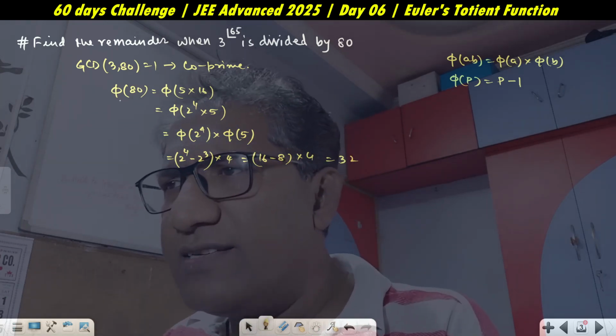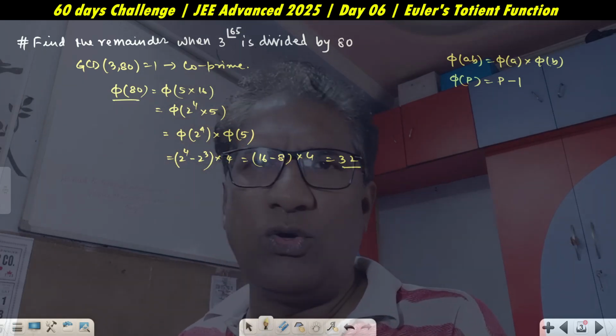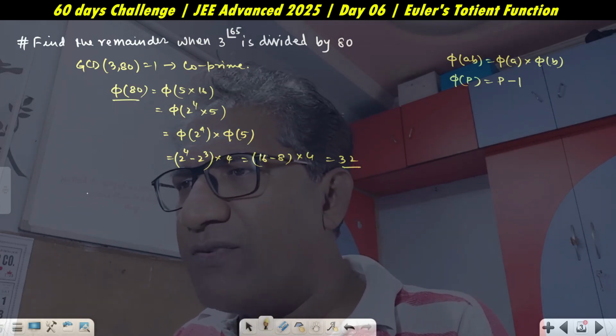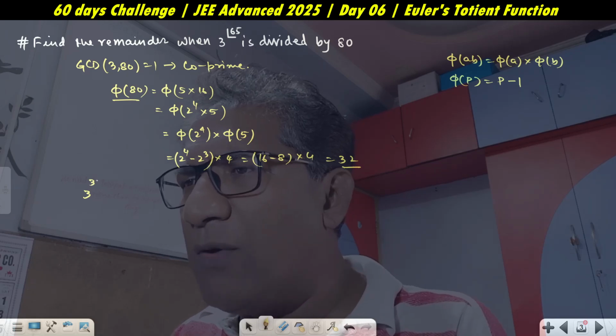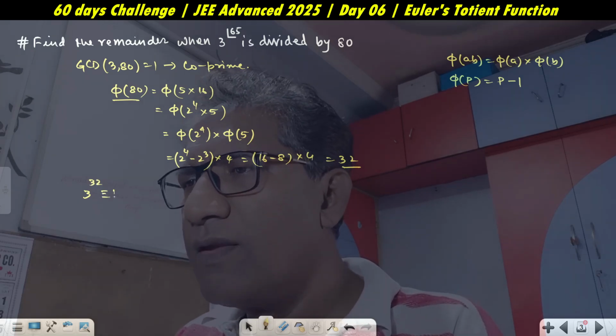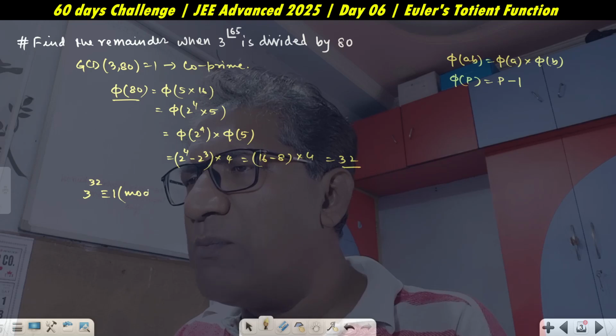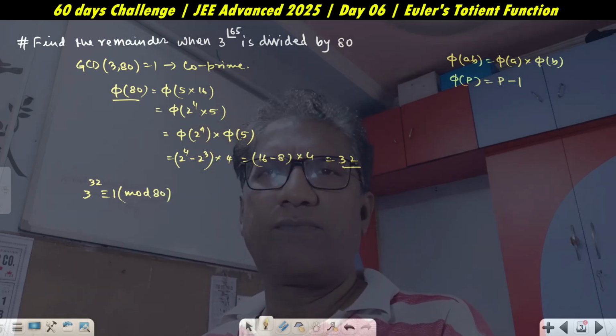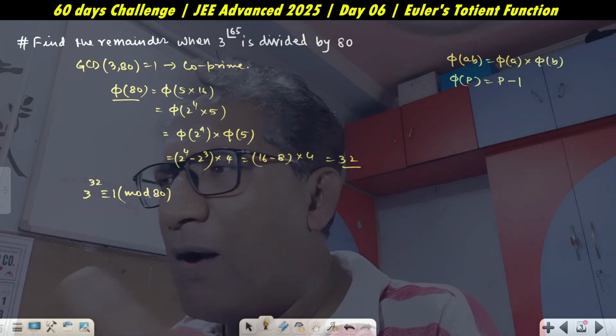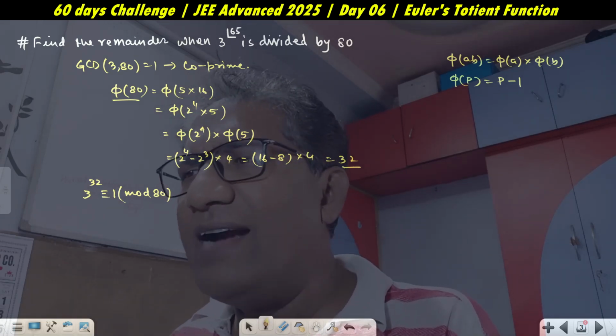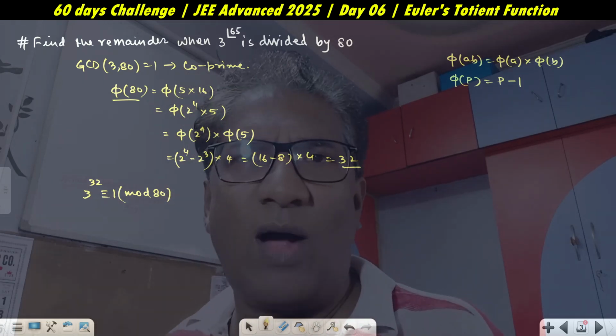Therefore, the Totient number of 80 is 32. So we can write 3 to the power 32 is congruent to 1 modulo 80. Is it clear? That is, 3 to the power 32, when divided by 80, the remainder is 1.